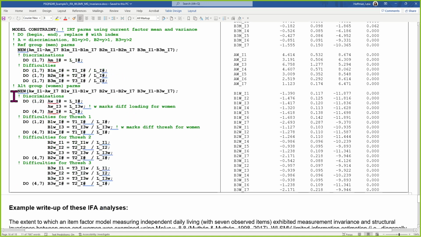So I have, for instance, the discriminations go from 1 to 2. I skip 3 because that one was different. Then I can go from 4 to 5. For the difficulties, then I had to write the ones that were different separately. So that's why they have the loops with the different indices, because you can't go across all 7 if some of them are different.